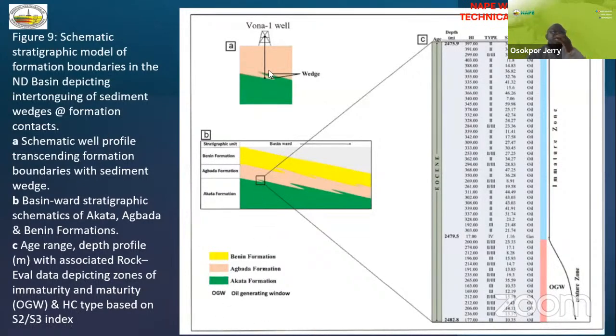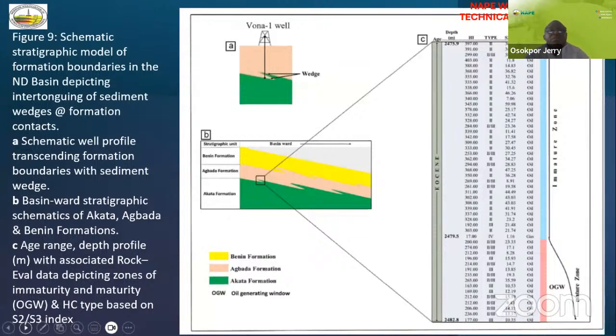Now, if we look at figure 9, this figure actually presents a schematic stratigraphic model of the formations of the Niger Delta, showing the boundaries of the Akata and Agbada formation. As you can see from the legend below, the Benin, Agbada, and Akata at the base.